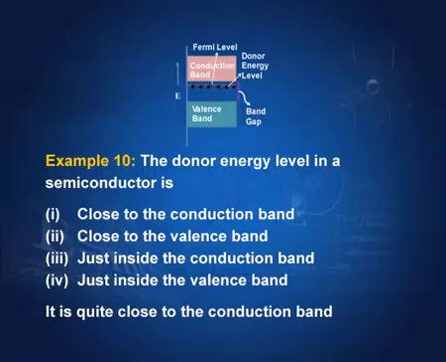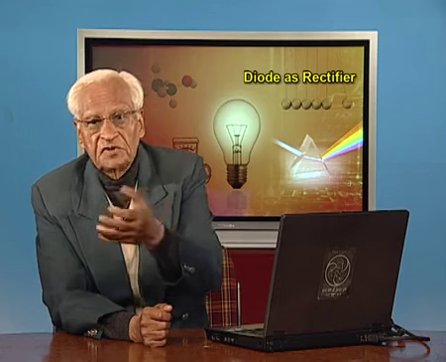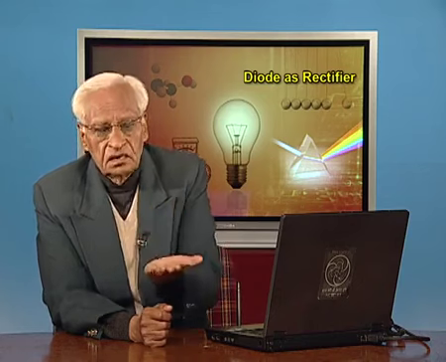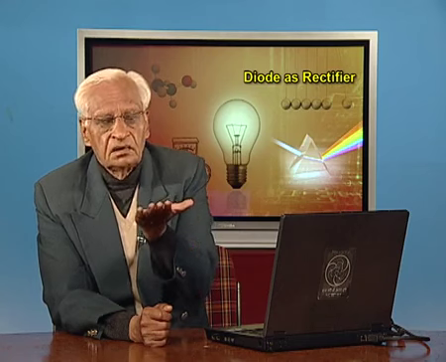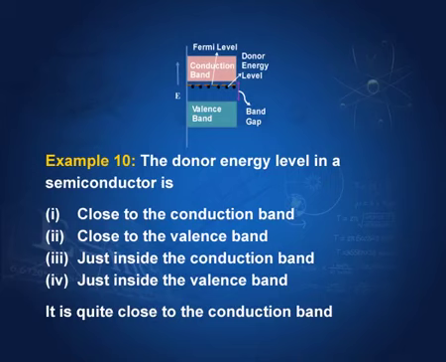The donor energy level in a semiconductor is, I hope you remember that the donor is a pentavalent impurity and it donates one of the electrons which is free, and since it is free, it has energy nearer the conduction band. So, the donor energy level is near the conduction band, it is quite close to the conduction band.